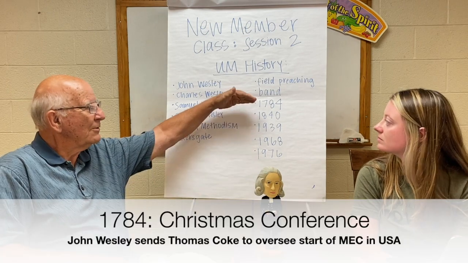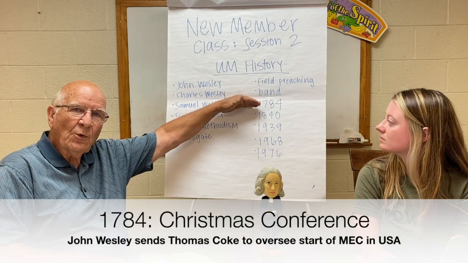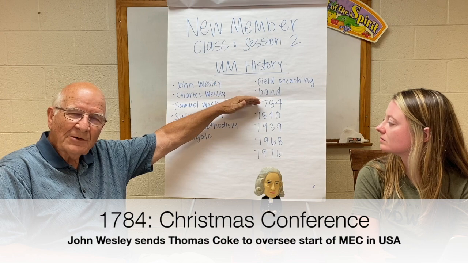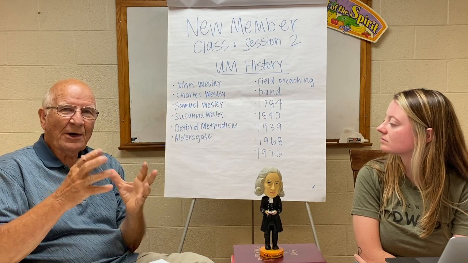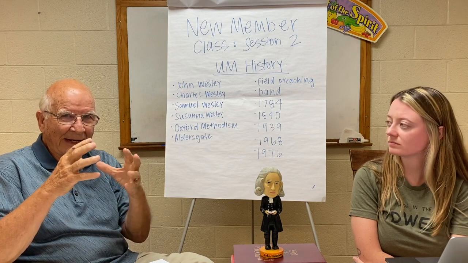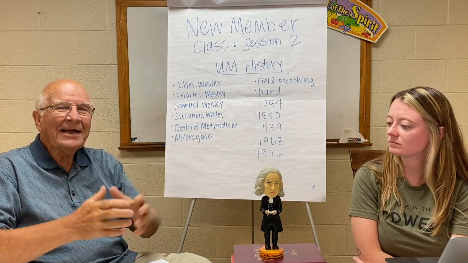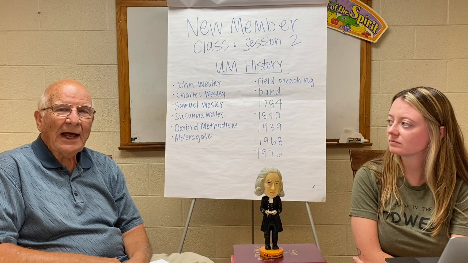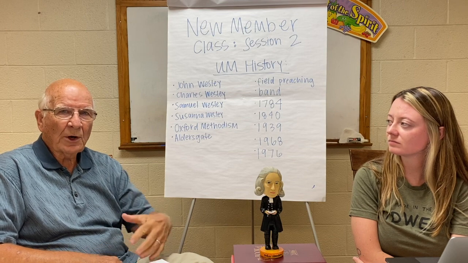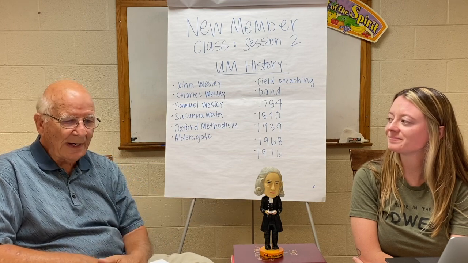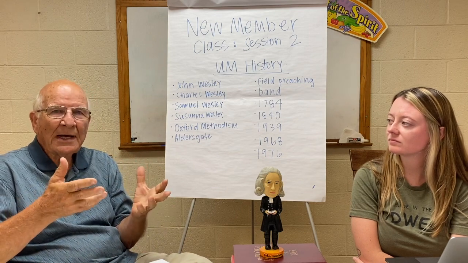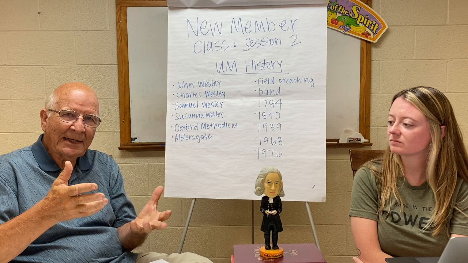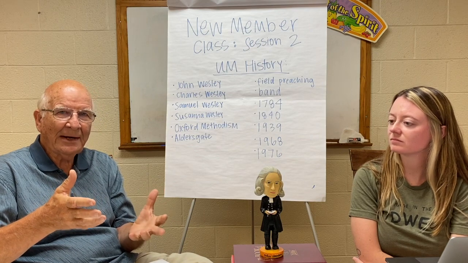So the first date to remember is 1784, 8 years after 1776. The revolutionary spirit was still in good stead, and the United Methodist Church, the way we're organized, we'll deal with that in a couple weeks, is a reflection of how we're organized in the United States politically.